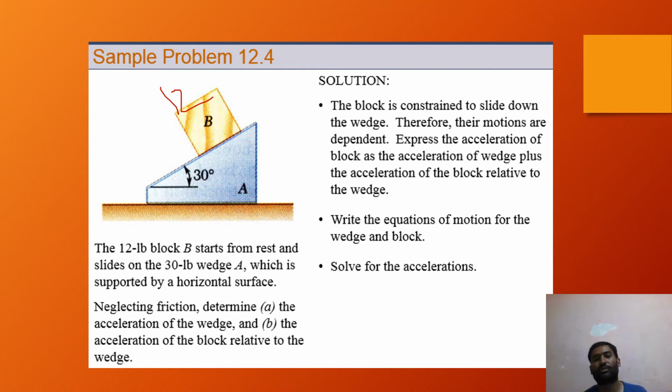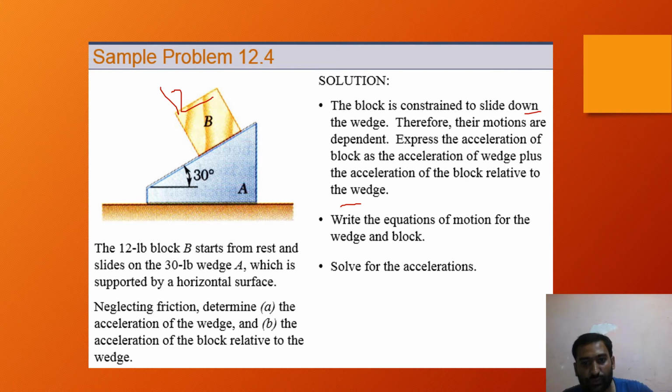Okay, the solution is here. The block is constrained to slide down the wedge, therefore their motions are dependent. Express the acceleration of the block as the acceleration of the wedge plus the acceleration of the block relative to the wedge.